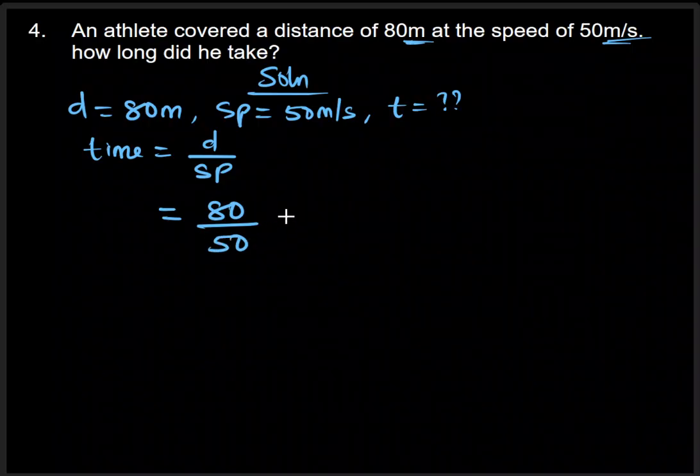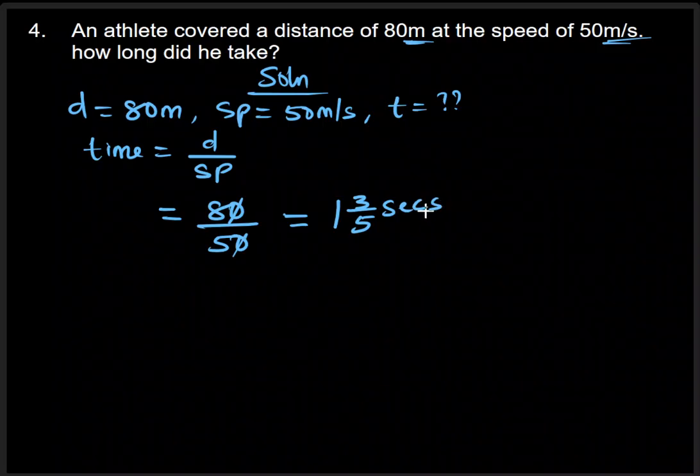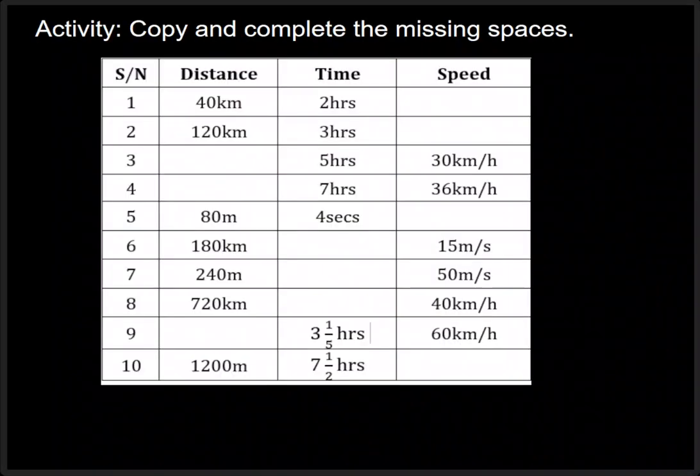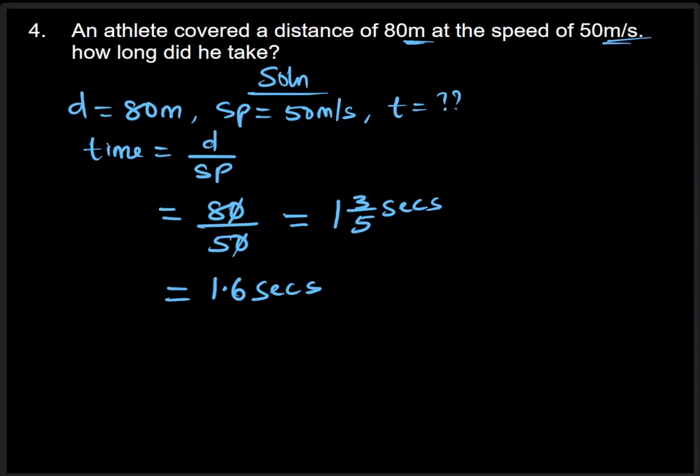If we divide, we can cancel the 0 here, and that gives us one whole number 3 all over 5 seconds, which we can also say is 1.6 seconds. This is the time taken for the journey. All right, so that happens to be our last example under this particular lesson.